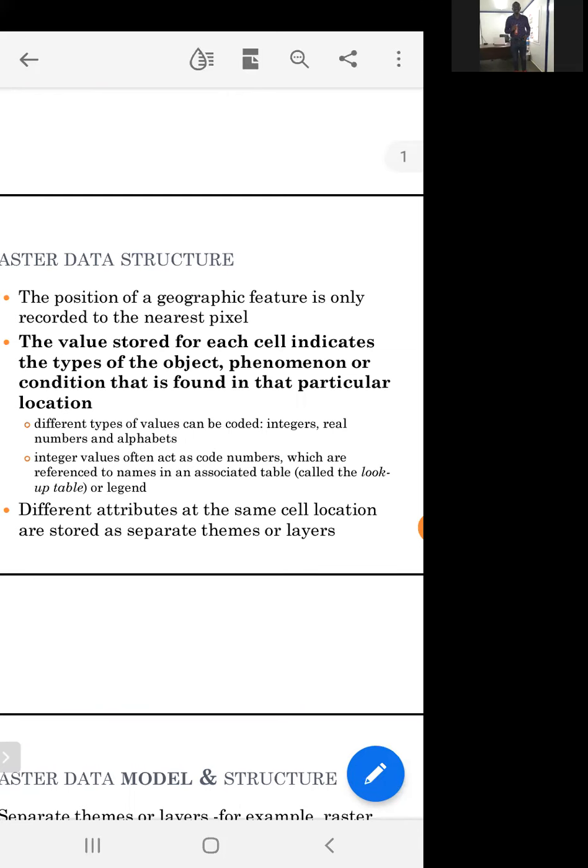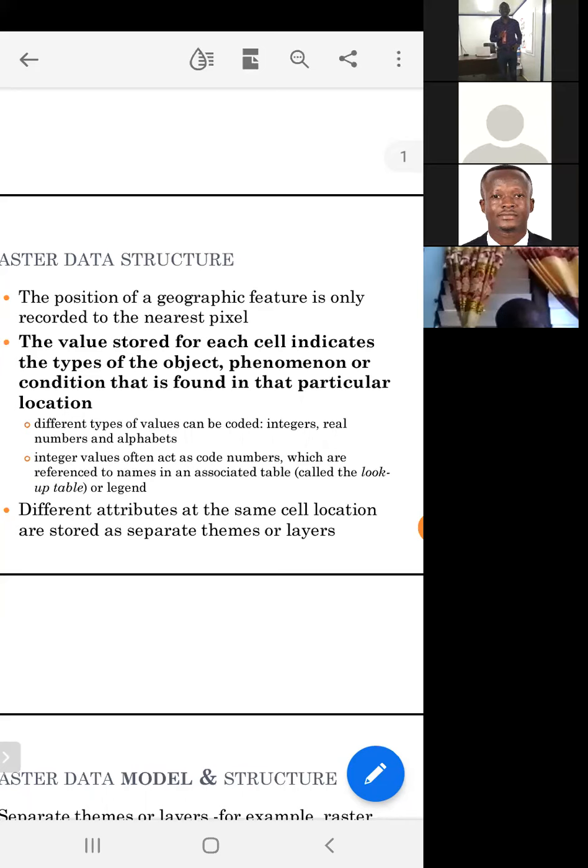We are recording the position of geographic features, which is what the model is about. We are trying to model our world, to make sure there's a structure to the way things are. We are collecting data in a structured way.